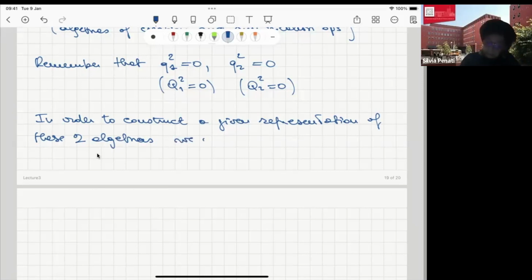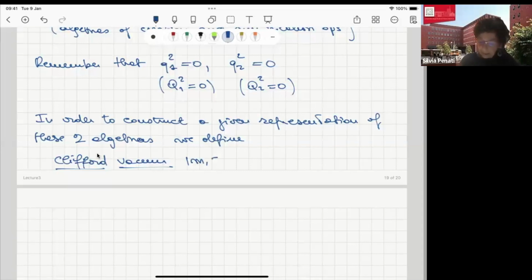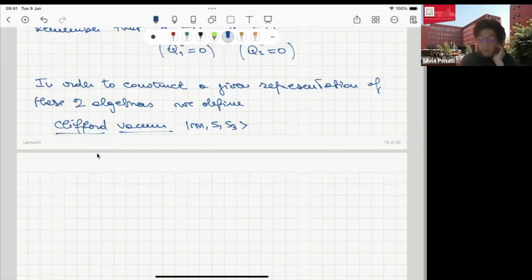We define a Clifford vacuum, let me call it, as I called it already earlier, M, S, and S3, okay? This is for sure a state in a given representation of the Poincaré algebra.